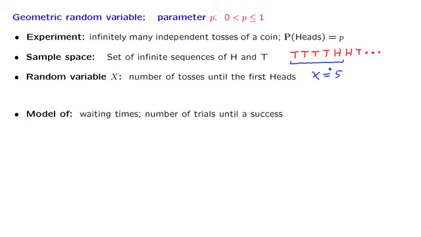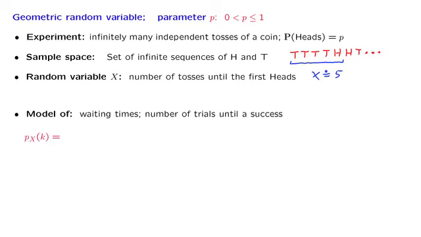Now these trials could be experiments of some kind, could be processes of some kind, or they could be whether a customer shows up in a store in a particular second or not. So there are many diverse interpretations of the word trial and of the word success that would allow us to apply this particular model to a given situation.